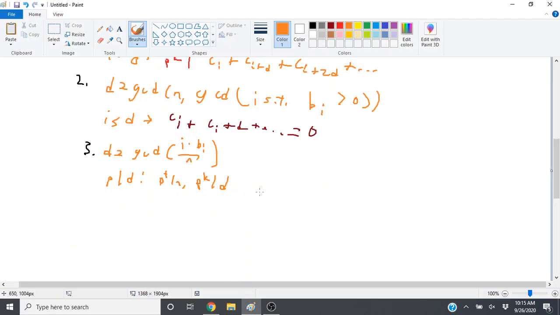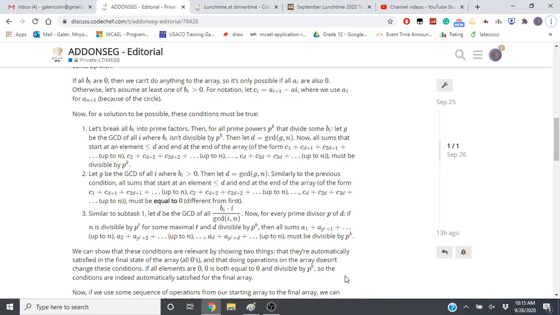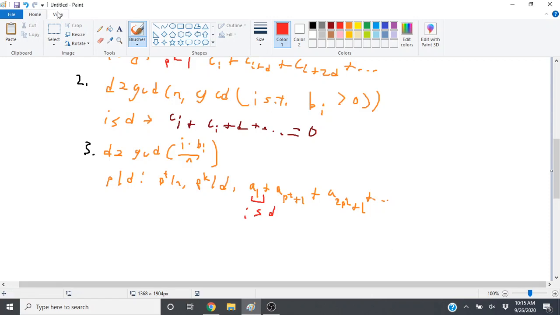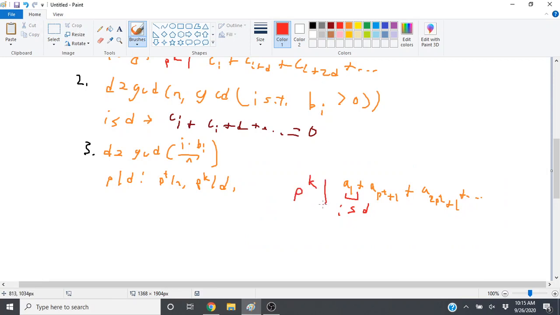Then these sums, a1 plus a(p to the t plus 1) plus a(2p to the t plus 1), etc. And of course, this doesn't have to be 1. It's any number i less than or equal to d. All of these sums must be divisible by p to the k. So p to the k divides all of these.